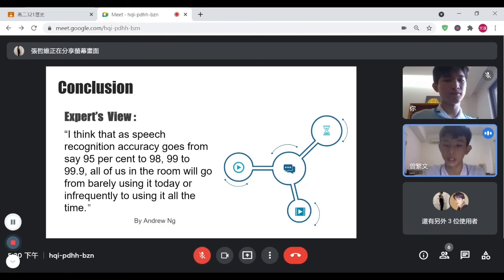I think speech recognition can bring a new technological era, and it will also bring a great benefit to our life. As a whole, we think that speech recognition has a huge potential to develop, so we chose this topic for our English presentation. Hope our presentation can let everybody know more about speech recognition.